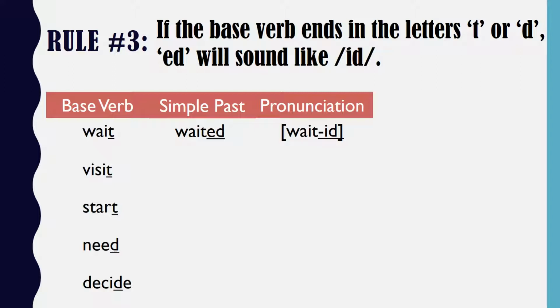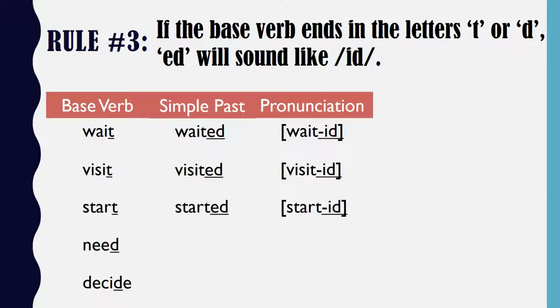Visit has 2 syllables in its base form: visit. So when we make it past, we have to add a third syllable, id, and it sounds like visited, visited, visited. Start has one syllable. When we make it past, we say started, started, started. Need also only has one syllable, so when we put it in its past form, it has two.